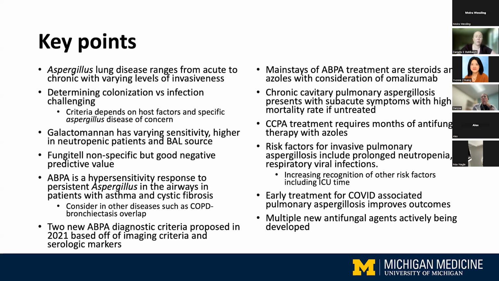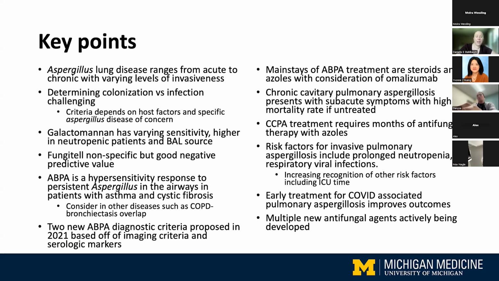ABPA is a hypersensitivity response to persistent Aspergillus in the airways, particularly in patients with asthma and cystic fibrosis, but should be considered in other disease processes if they're presenting with concerning symptoms. We reviewed the diagnostic criteria for ABPA, and the mainstays of treatment are steroids and azoles with consideration of omalizumab.